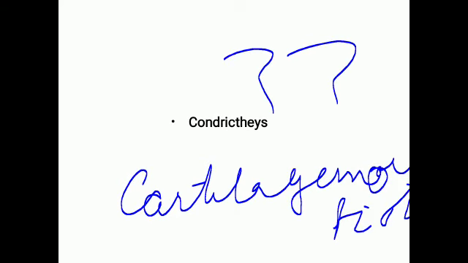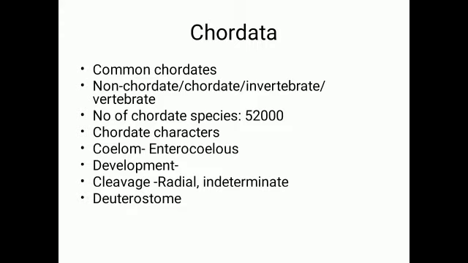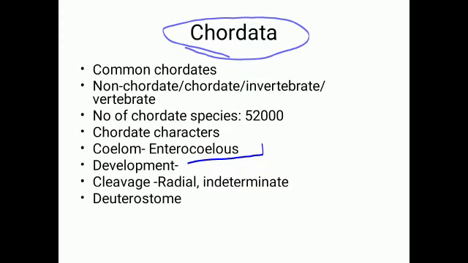First of all, where do we place Chondrichthyes in the Chordata classification? It is under Chordata, which means it has an enterocoelous coelom development, cleavage is radial and indeterminate, and they are deuterostomes.